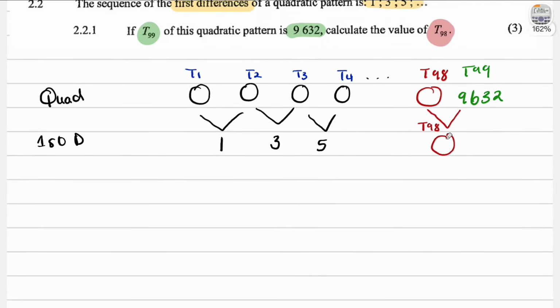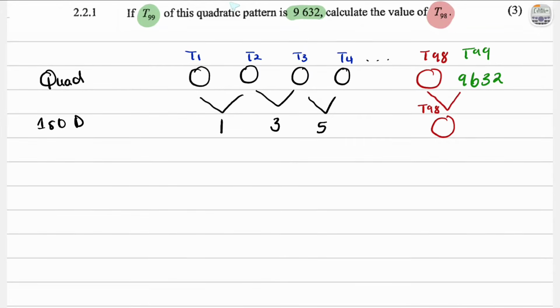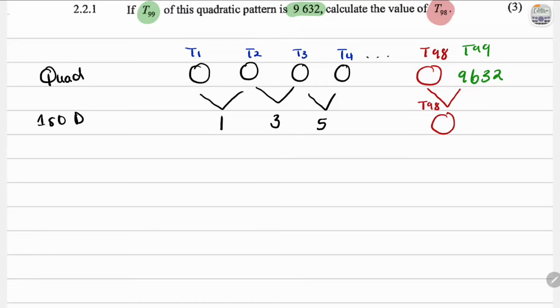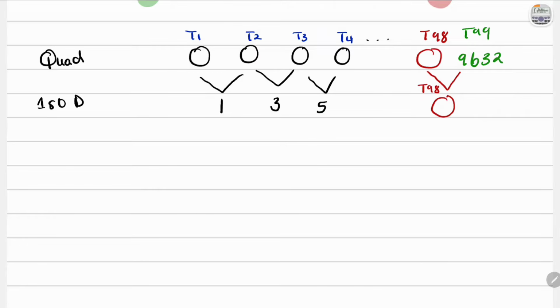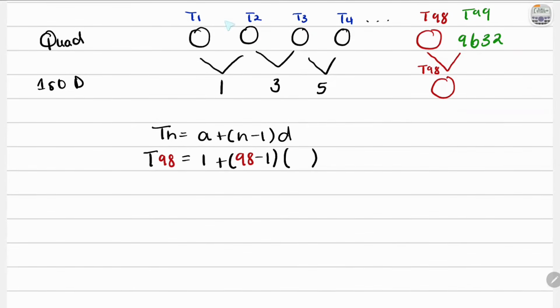All we have to do is find out the value of term 98 of our first difference. We can easily do that because we have 3 terms in our first difference, and the first difference is an arithmetic pattern. So the formula of an arithmetic pattern is Tn equals a plus (n minus 1) times d. Then term 98 is equal to a, which is 1, the first term in your first difference, plus (98 minus 1) times d.